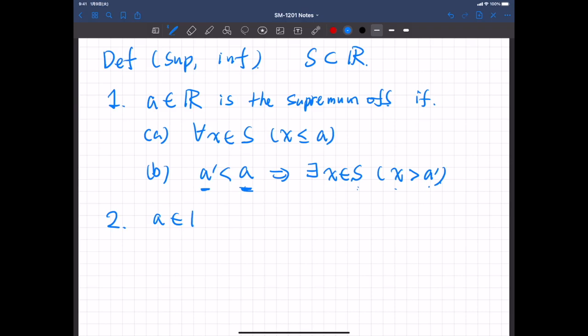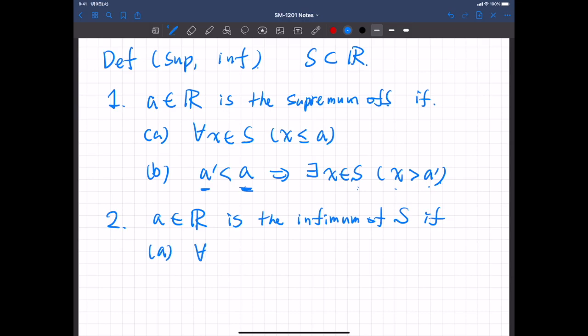And similarly, we can define the infimum of S like this. A real number A is the infimum of S if, again, the following two conditions are met.